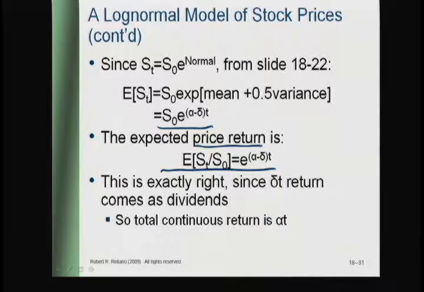If you have a stock that's paying continuous dividends, you can't expect the price of that stock to provide you with the return of alpha, because you're getting a return of delta in dividends. It's the total return that's alpha, and therefore the price return of the stock is alpha minus delta, and on the side you're getting cash dividends which increase that return back to alpha.